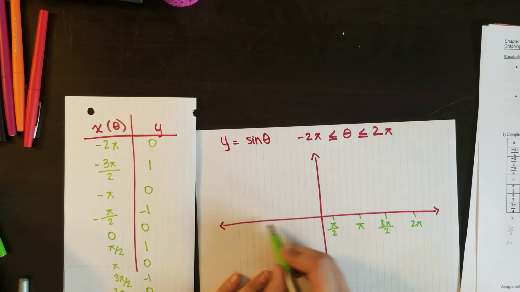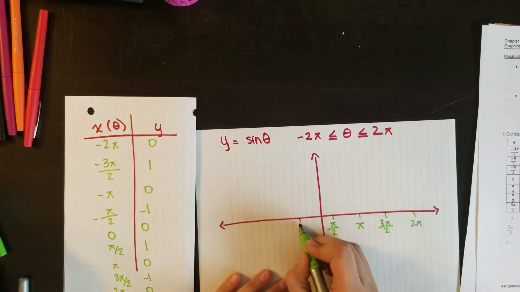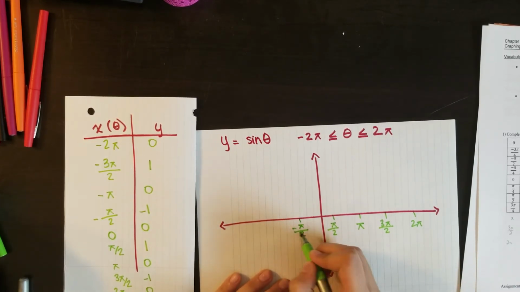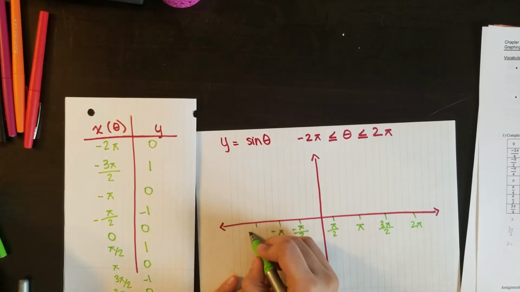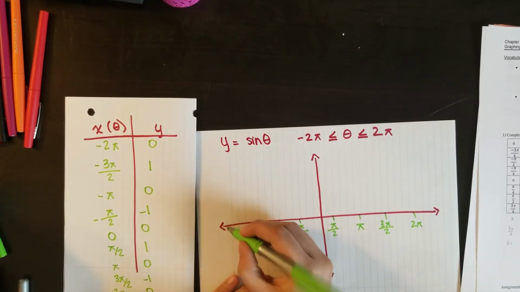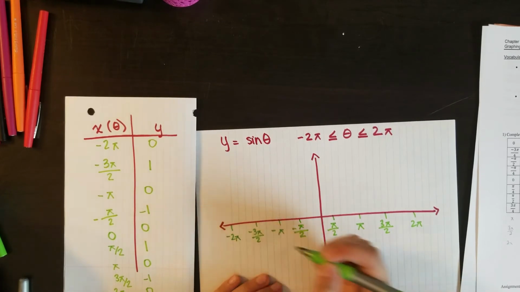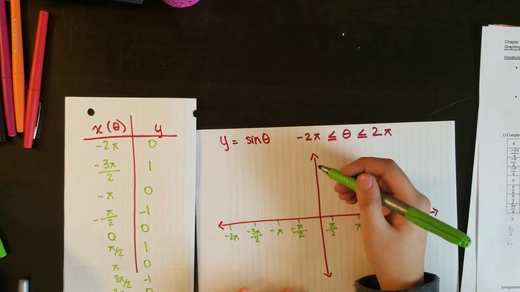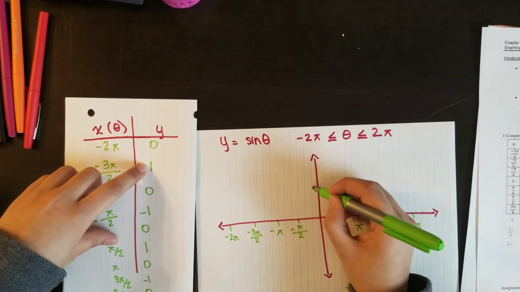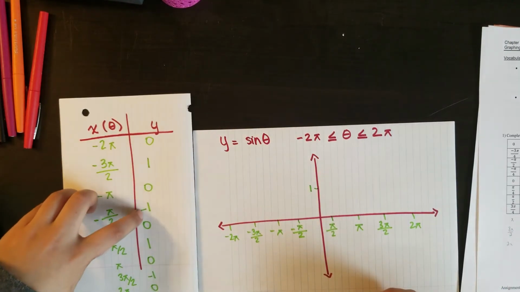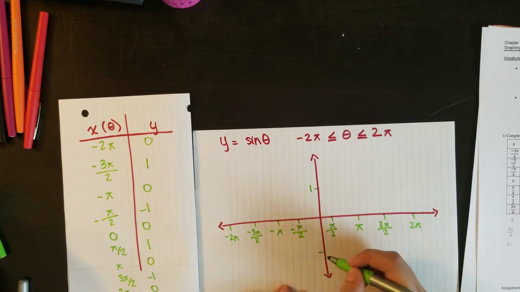I'm going to do the same thing on this side, but it's just going to be negative: -pi over 2, -pi, -3 pi over 2, and -2 pi. And on the y-axis, I can see I have a maximum point of 1, so I'm going to write 1, and then I have a minimum point of -1. So I'm going to write -1 right there.